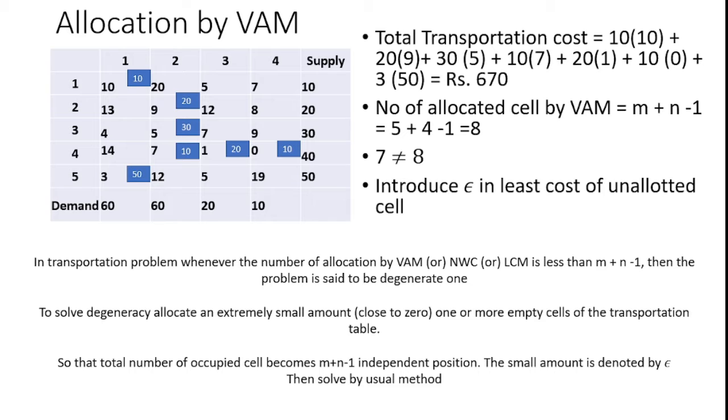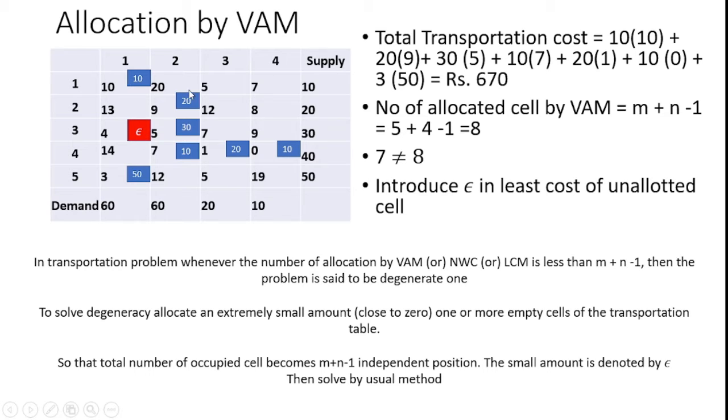To solve degeneracy, allocate an extremely small amount, close to 0, to one or more empty cells of the transportation table, so that the total number of occupied cells becomes m plus n minus 1 in independent positions. The small amount is denoted by eta, and then it is solved by the usual method. This is the procedure to solve the problem.